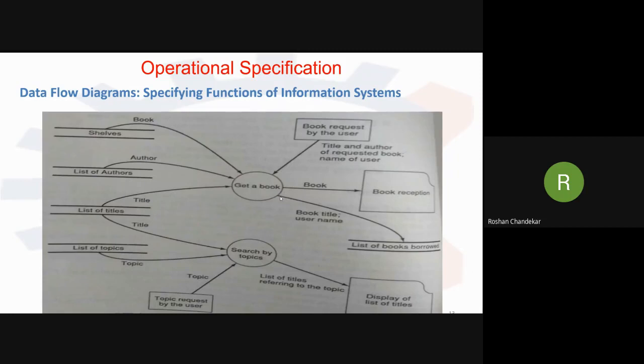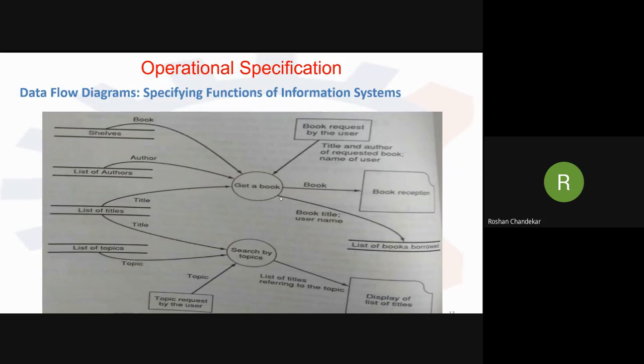Then the book reception gets the request that this user wants the book of that particular title, and the book name is given. Then the list of books is borrowed from that function, and this is how we have the DFD where we access a book.